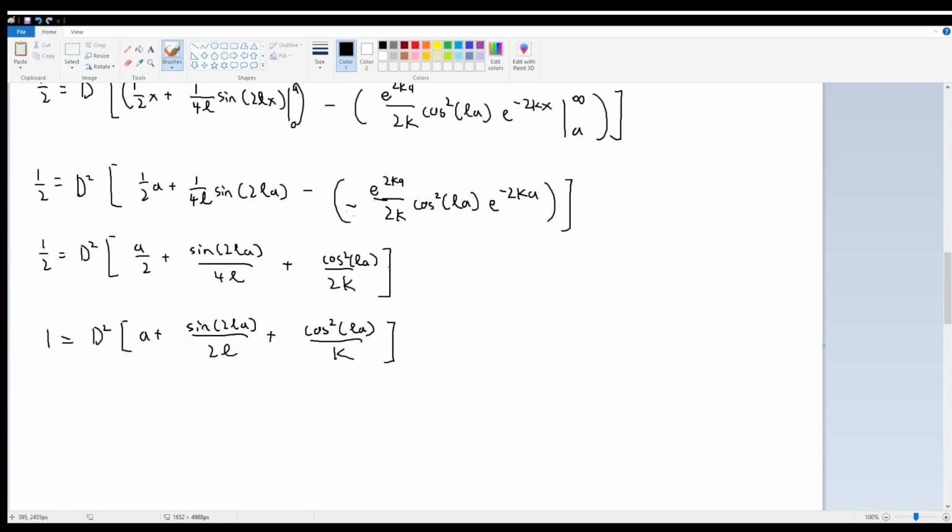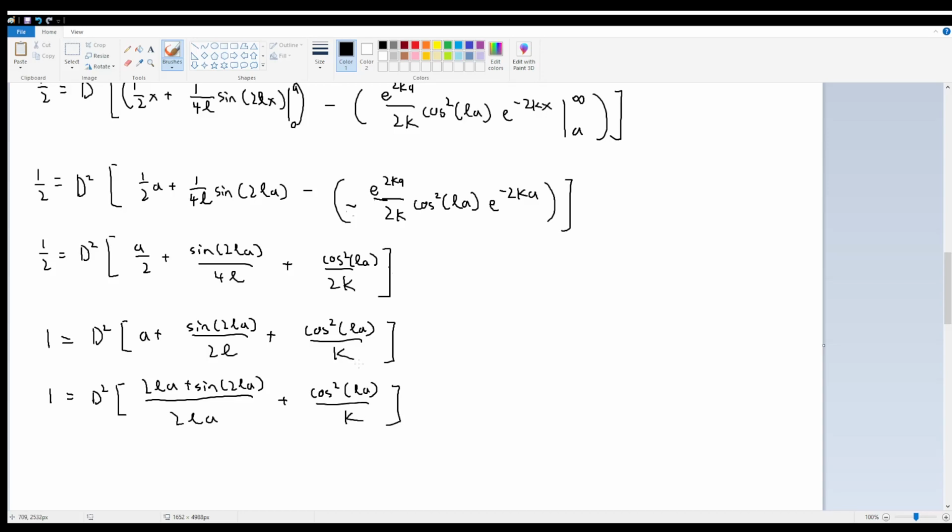We can combine everything if we want, so this gives us 1 is equal to d squared times 2la plus sine 2la over 2la plus cosine squared la over k.